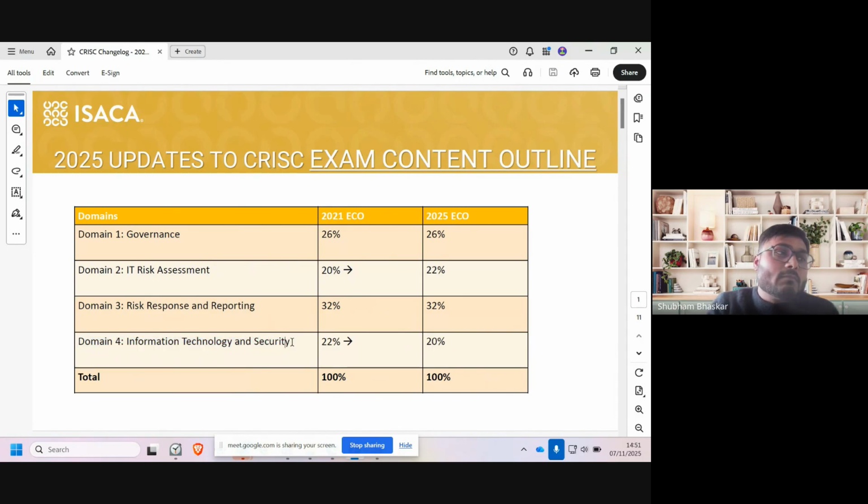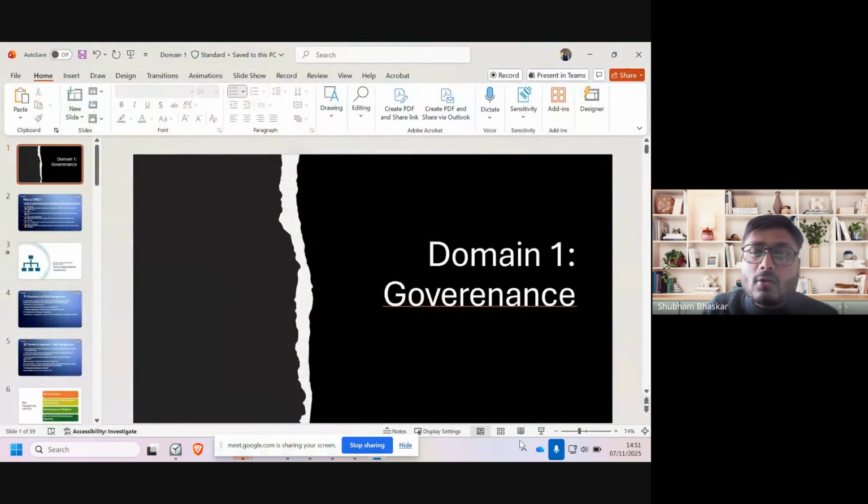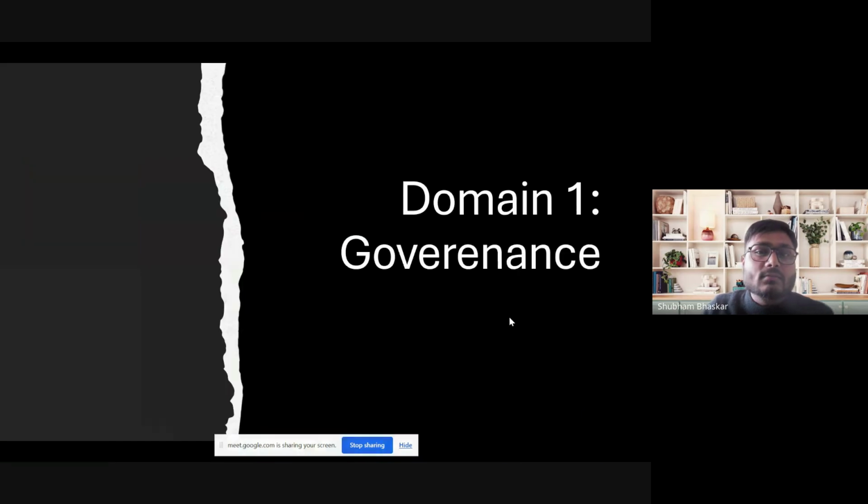Now, I can understand the question that some of you might have about not having an IT background, because I've been asked this question many times before: what if I'm not an IT person, what should I do? You have to understand that ISACA will not take you very deep in domain 4.